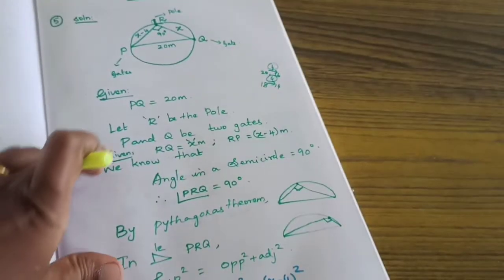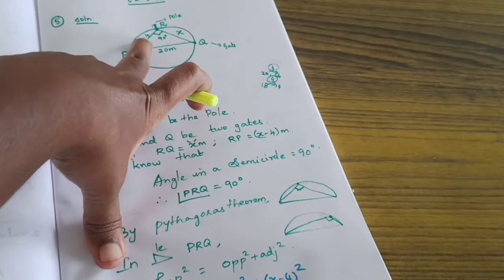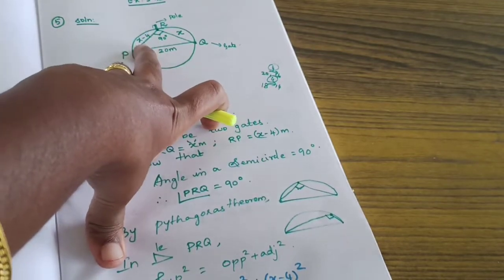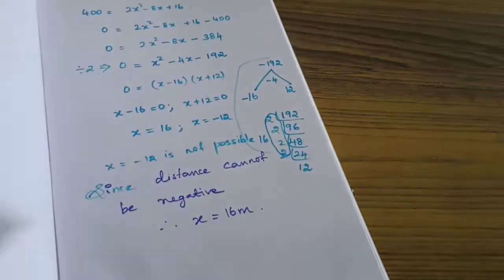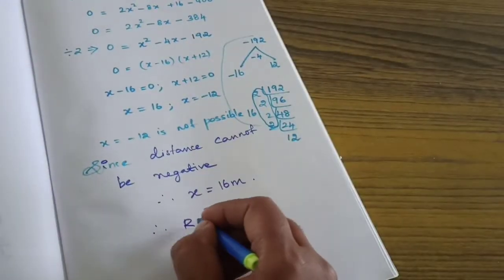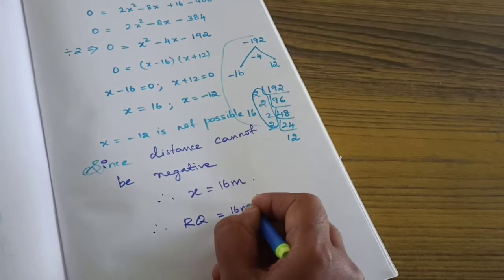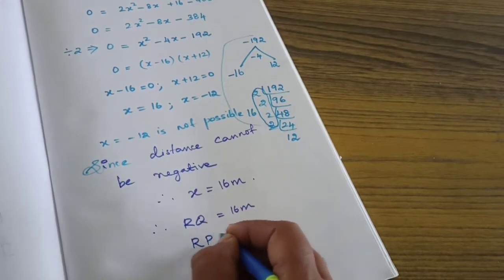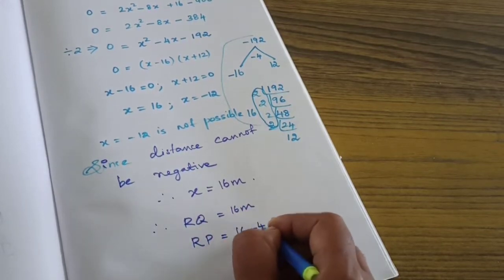So this x value we got is 16 meters. What is the distance between P and R? 16 minus 4 is equal to 12 meters. Therefore RQ is equal to 16 meters and RP is equal to 16 minus 4, equal to 12 meters.